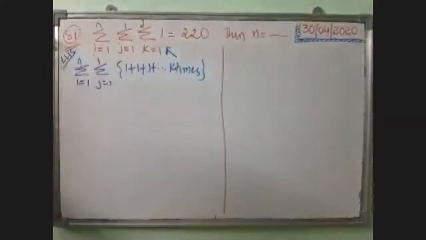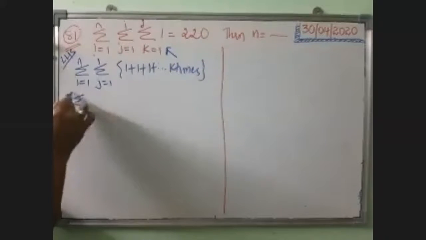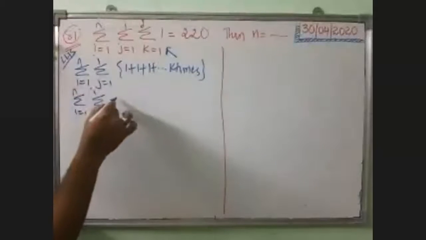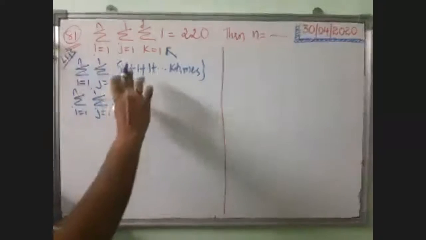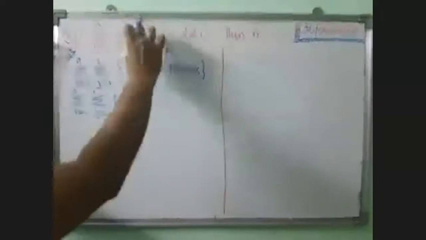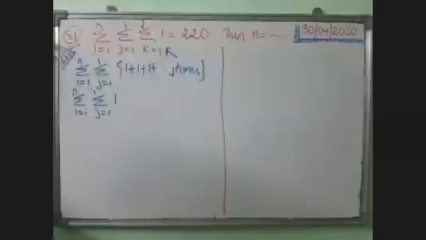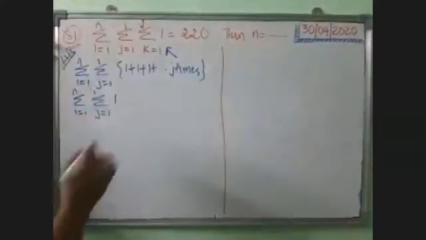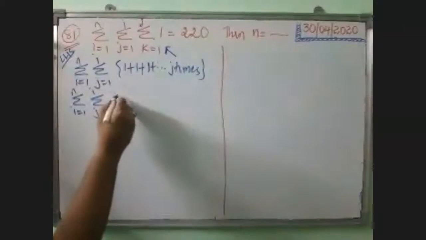At the end, I will equate it to the RHS and see what value of n I get. So what I get is sigma i equal to 1 to n, sigma j equal to 1 to i. Now k value is from 1 up to j times. So that means it will become 1 plus 1 plus 1 up to j times.